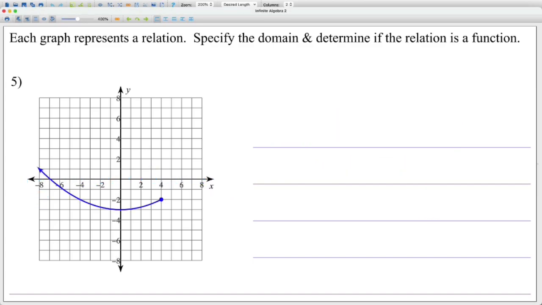Okay, is this a function? Yes or no? It's a function. I'm just trying to figure out what numbers it starts with. It's all numbers going backwards from 4.